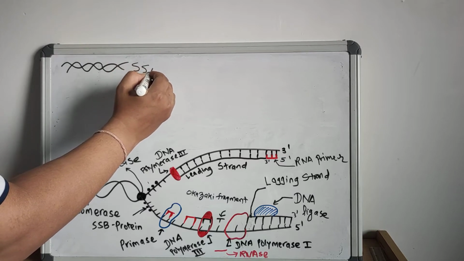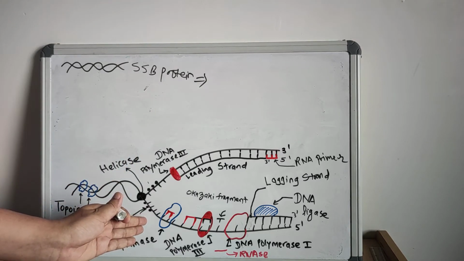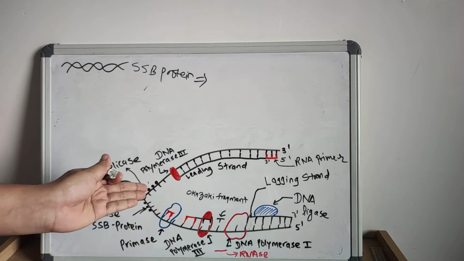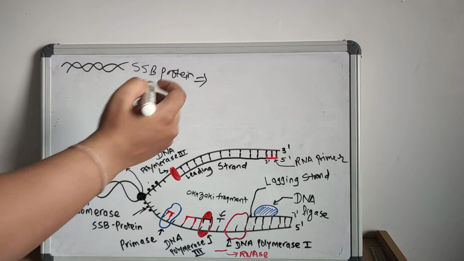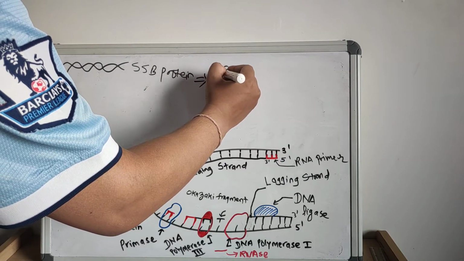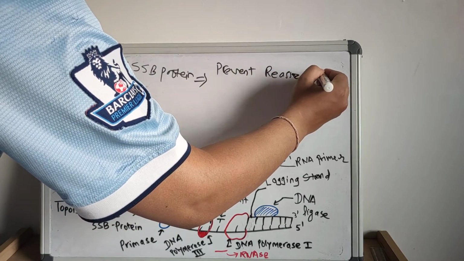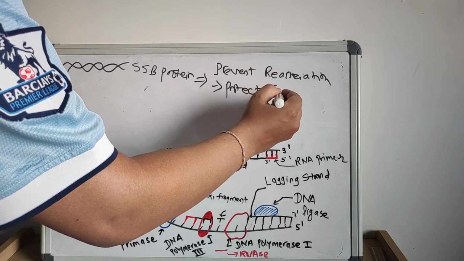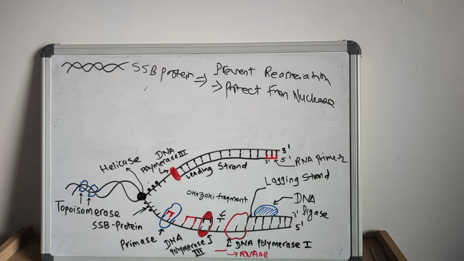So SSB protein binds to the single stranded portion of each DNA strand, and it prevents them from reassociation and protects them from nucleases.